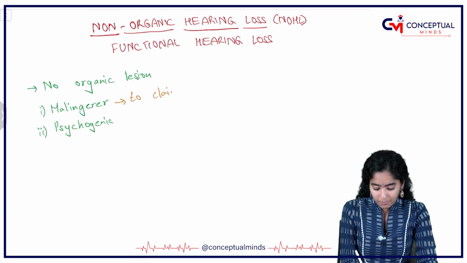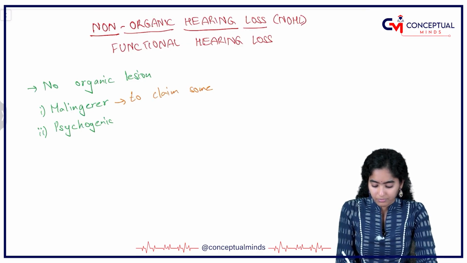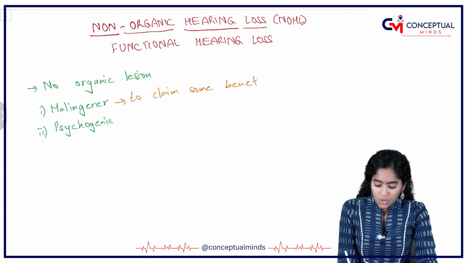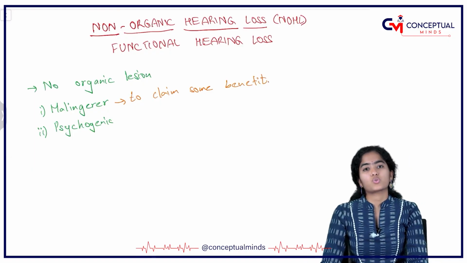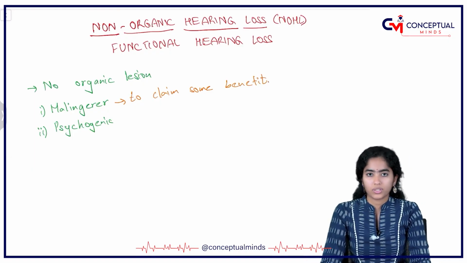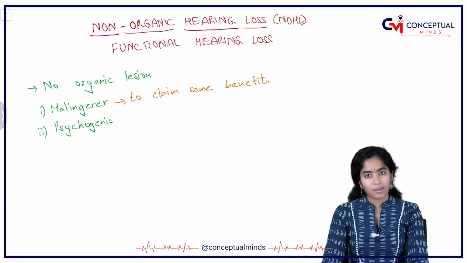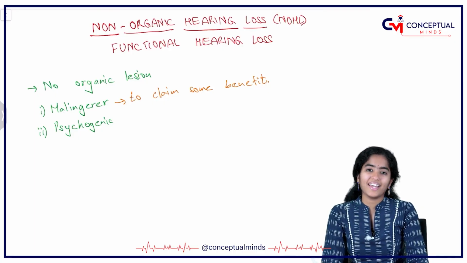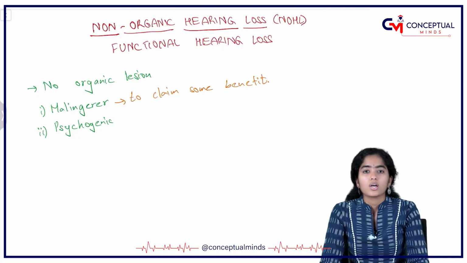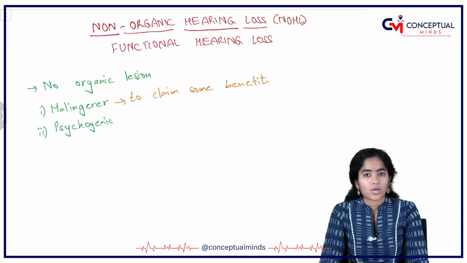So, a malingerer might present with total loss of hearing in both the ears or total loss of hearing in one ear, or sometimes they could have some hearing loss but they exaggerate that hearing loss. So, any of the presentations are possible.